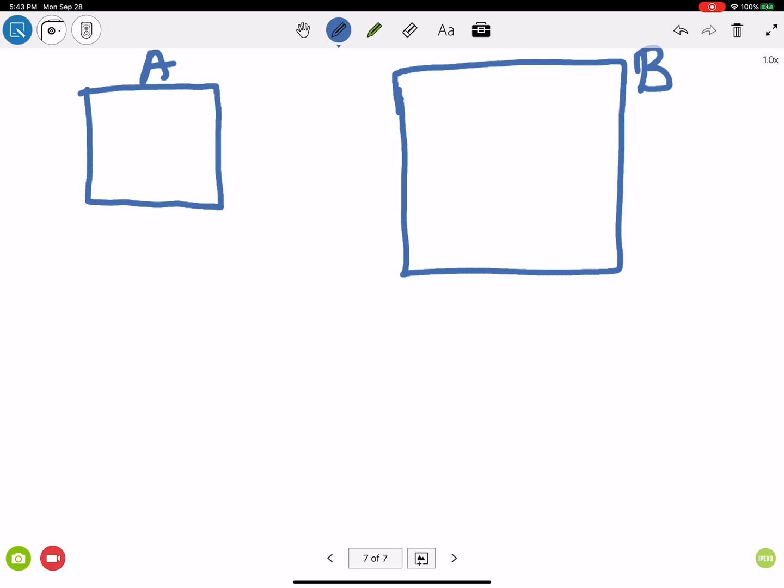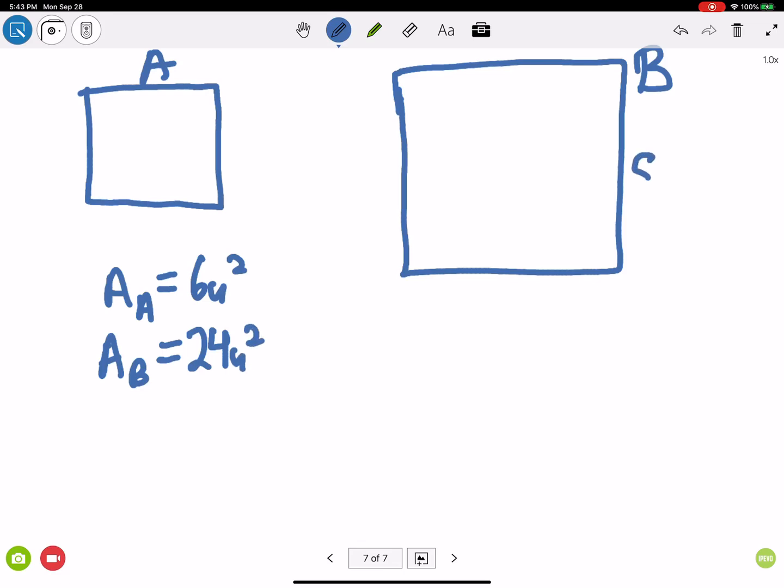And let's say that I tell you that the area of A equals 6 units squared, and that the area of B equals 24 units squared, and that this side over here is 8, and that its corresponding side in A is x.